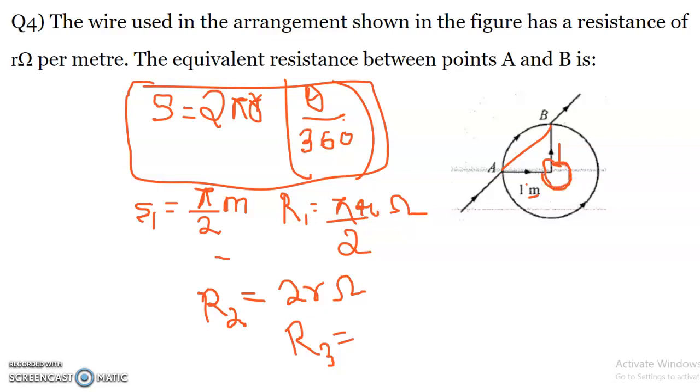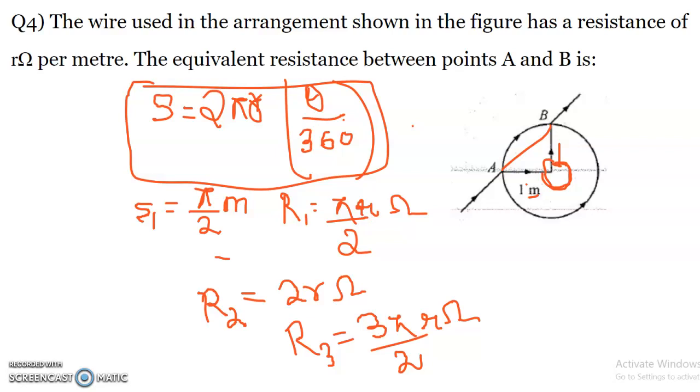So on taking 360 minus 90, we will get 270, okay. So on substituting the values in this formula, we will get R3 as 3 pi by 2 R, alright, 3 pi by 2 R ohm.